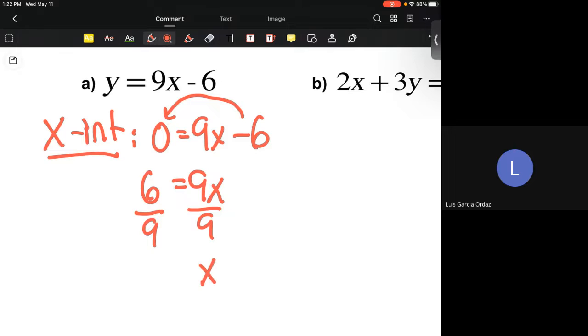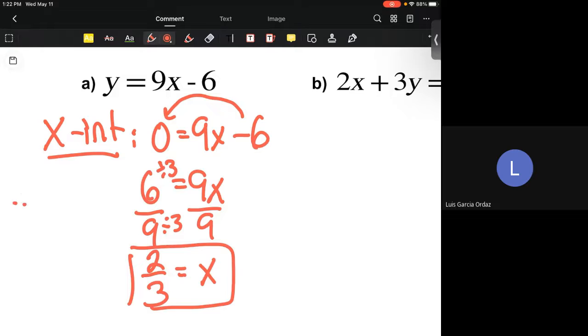So I got x on my right side. And can I simplify 6 over 9? Yeah. What does it become? 2 over 3. Yep, so I'm going to divide both by 3. So therefore, my x-intercept is 2 over 3, comma 0.